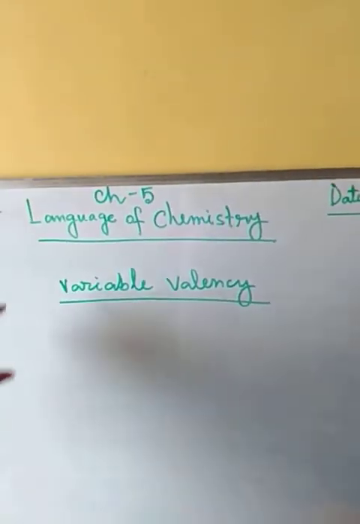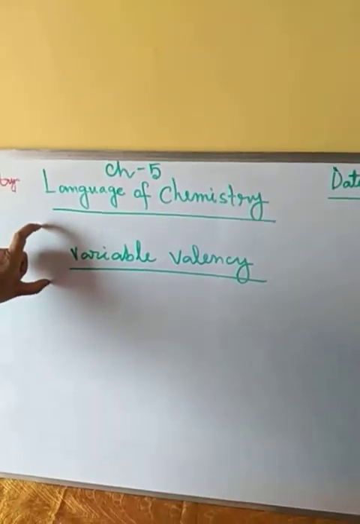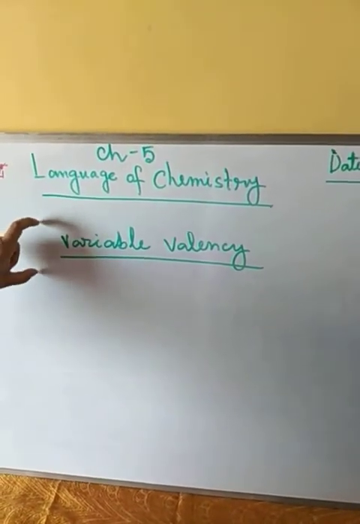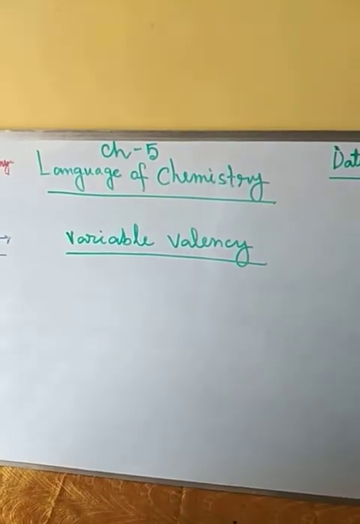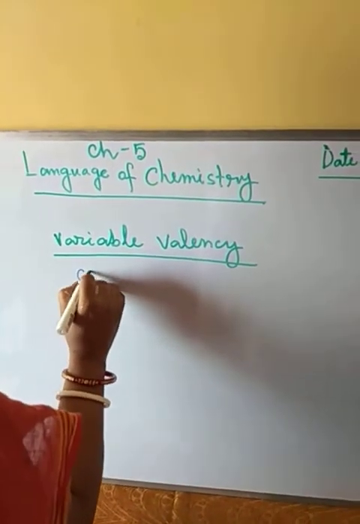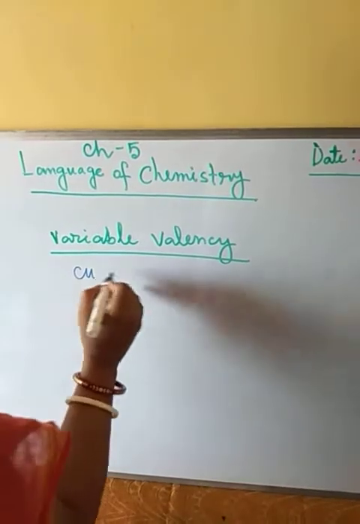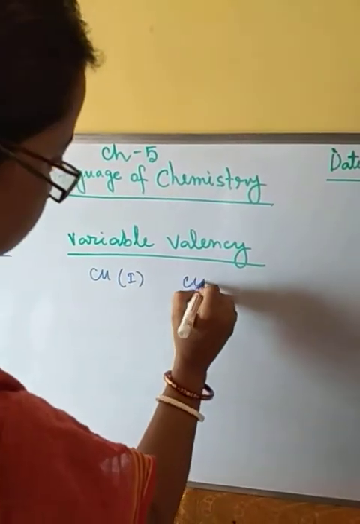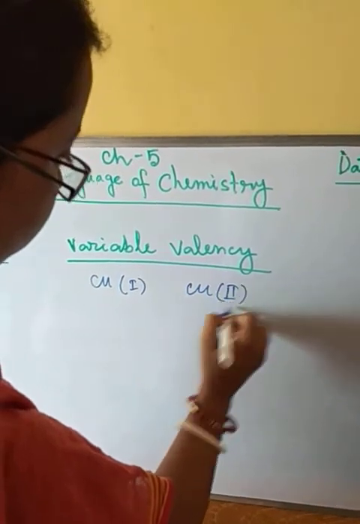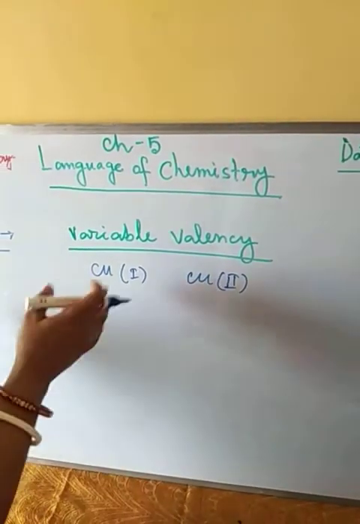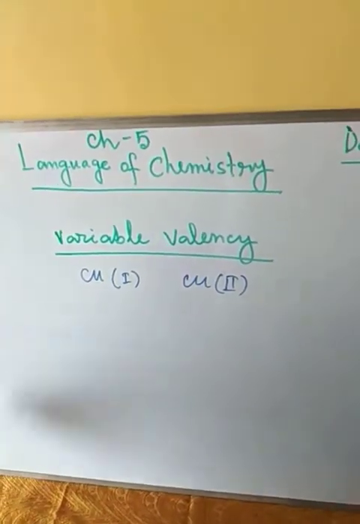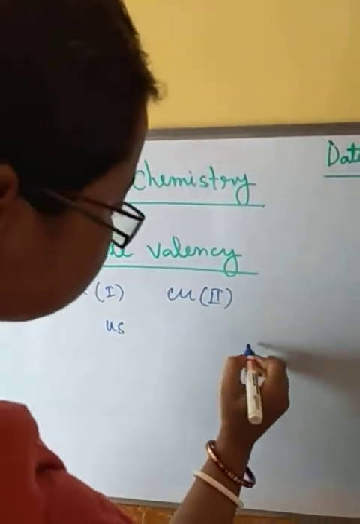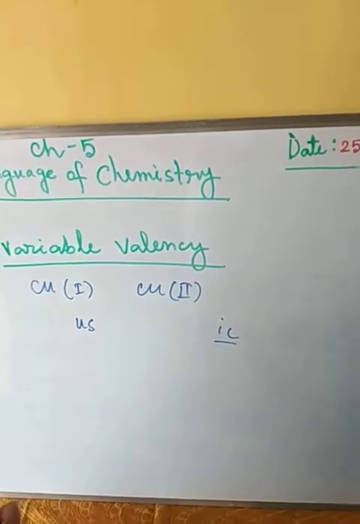There are certain elements which show more than one valency. We call it variable valency, the valency which can vary. Copper can show valency 1 and valency 2. Both are possible. The lowest valency we call ous, and the highest valency we call ic.